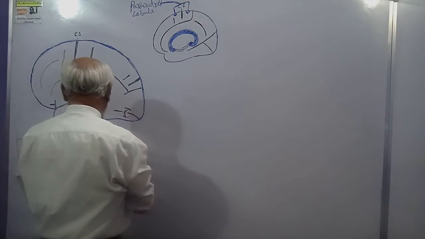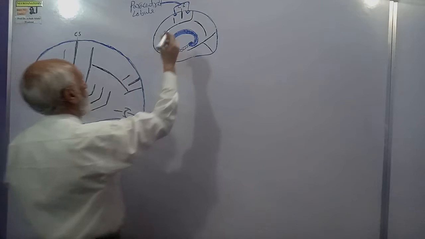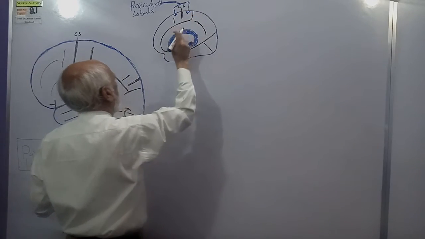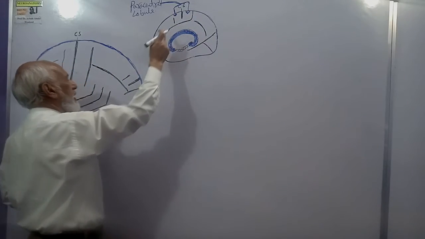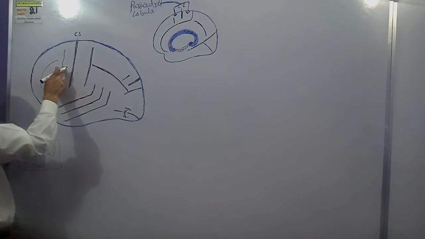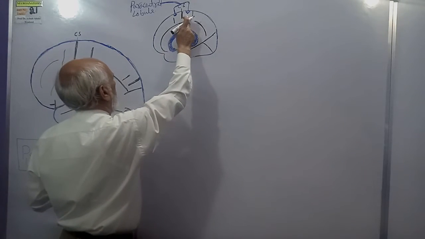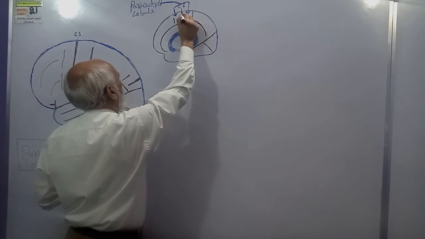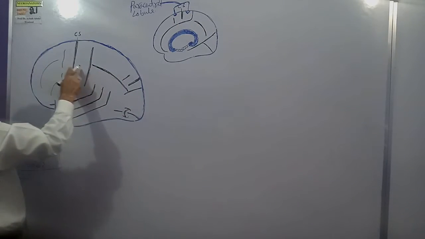In front of the central sulcus on the medial surface, this is the anterior part of the paracentral lobule, which is continuous with the precentral gyrus. This is posterior part of the paracentral lobule, which is continuous with the post-central gyrus.